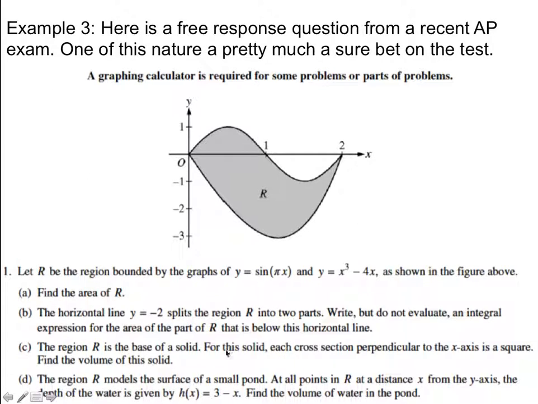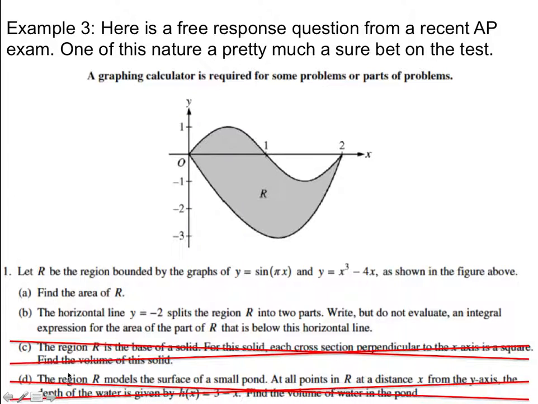Question 3 here, there looks like there's a lot going on, and there is. This is a calculator question from a recent AP test, and it's a sure bet. This is something that you're going to see on the AP test, and as of right now, we can do parts A and B. We cannot do part C yet, and we cannot do part D yet.